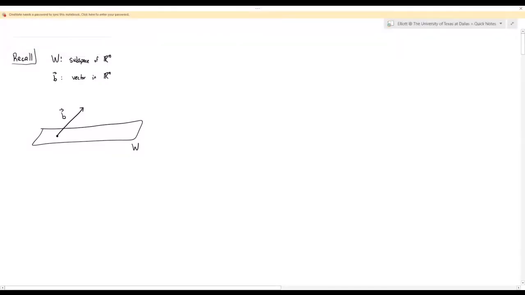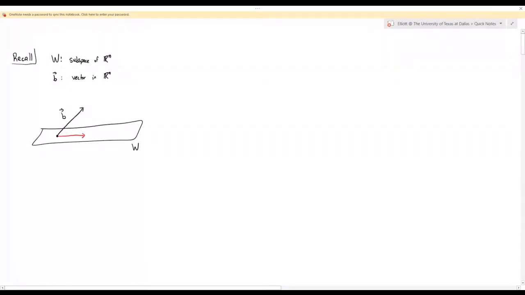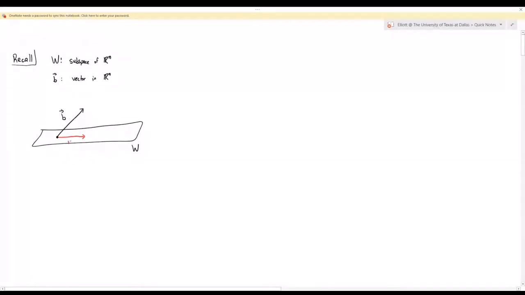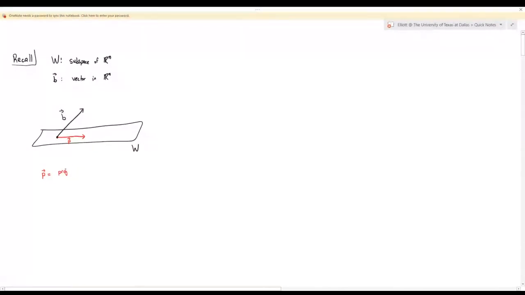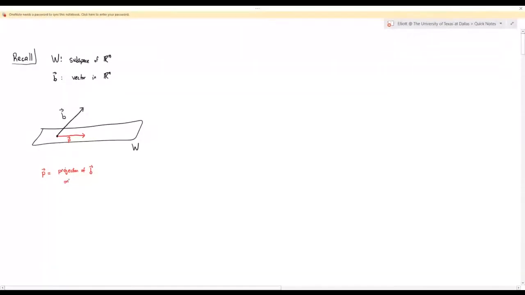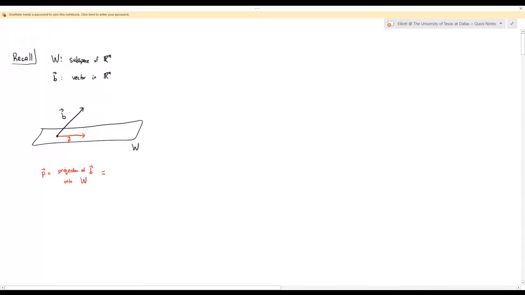So then the projection of B onto the subspace W would be represented by this red vector that I've just drawn, which I was denoting as a vector P last time. So this vector P represents the projection of vector B onto the subspace W. And there are maybe different notations that you could use for this.